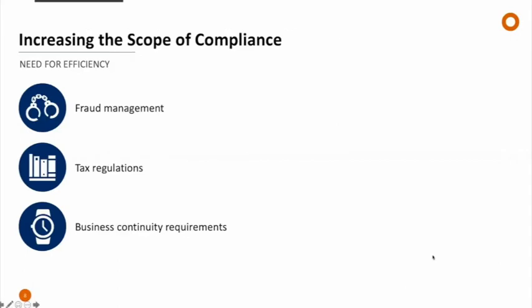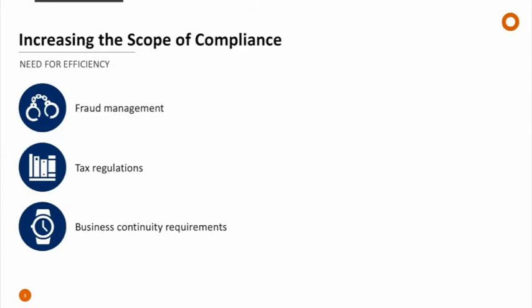A few more topics to mention. Fraud management is sometimes seen as part of compliance, so the compliance office is often responsible for monitoring fraud management processes and practices. Tax regulation as well: compliance offices often need to track and analyze, and in the end ensure implementation of, changes in the tax regulations.